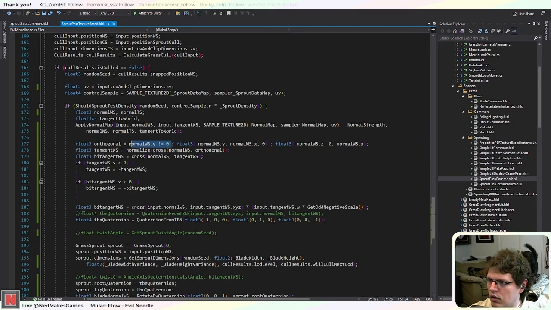We almost don't really need to worry about this, because if the normal dot y is 0, then the grass is horizontal, which wouldn't even be seen by the camera. So I think I'm just going to comment that out, or go the way I did this.